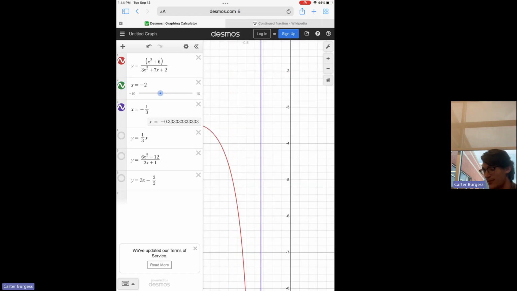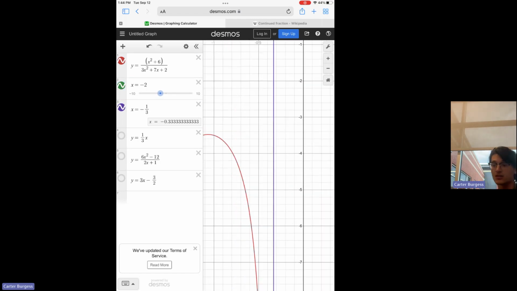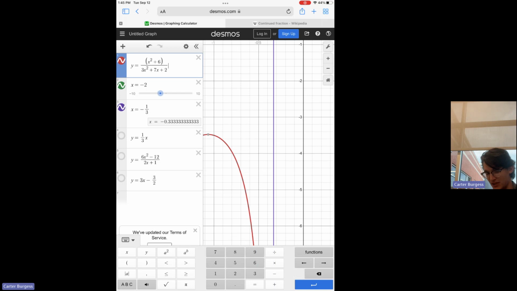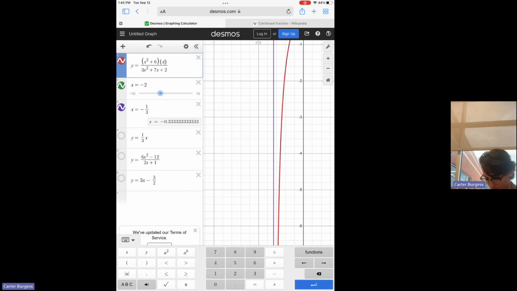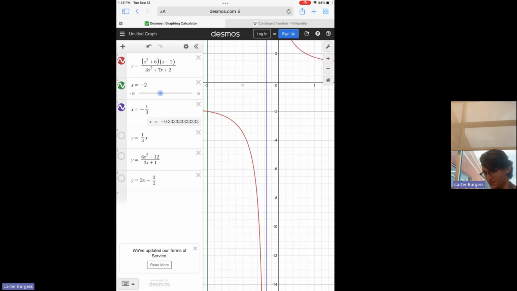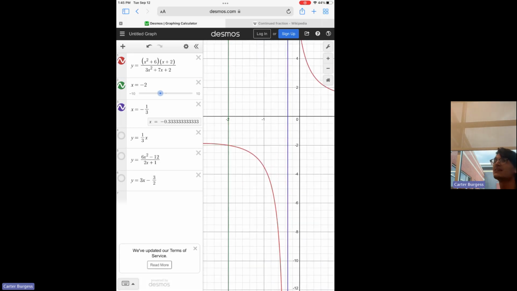I see the exact same effect, or at the very least a very, very similar effect, around that -1/3, 0. But what happens when I add this x plus 2 root to my numerator? I still see that explosive effect around 3x plus 1. Where do I no longer see it?